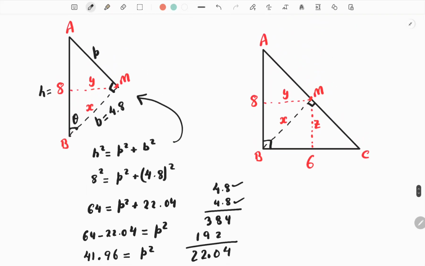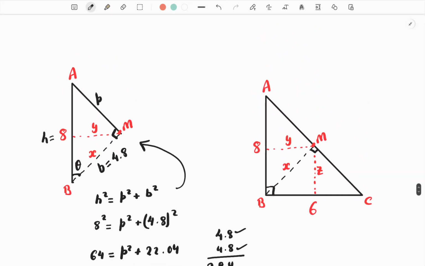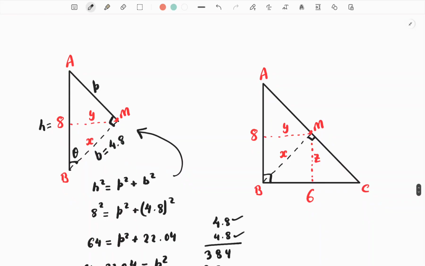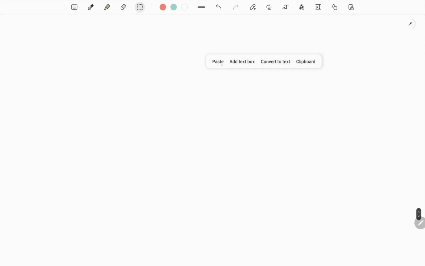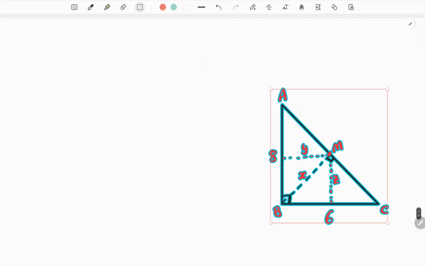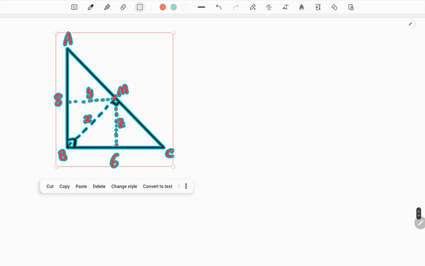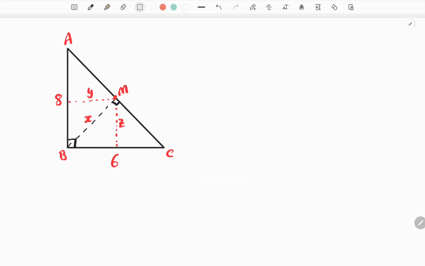So now we will find what is the value of z. Again, what we'll do is we will redraw this diagram. So now let us erase some of the portion from the diagram.